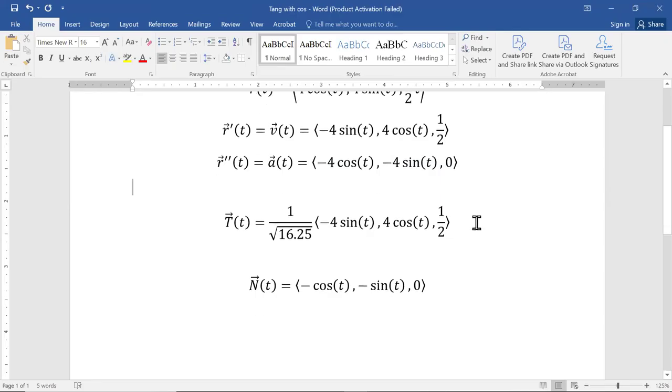Now, this is acceleration. Here we have the unit tangent, and here we have the unit normal vector.